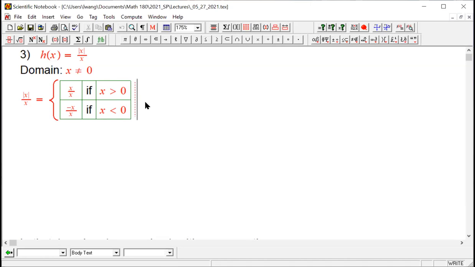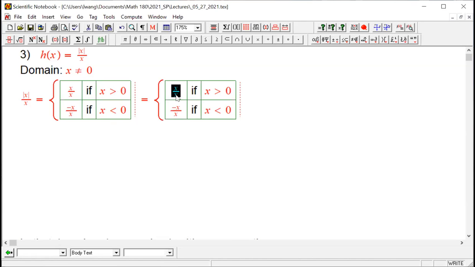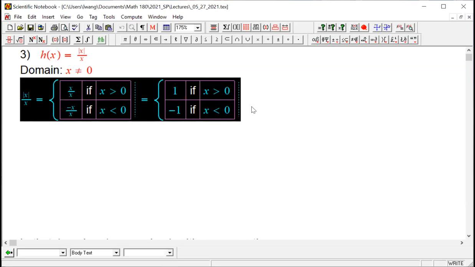As a result, what are we getting? We're getting 1, we're getting -1, and you're done on the algebraic part. You have your other situations to handle in your calculus class, but at least on the algebraic part, you're done.